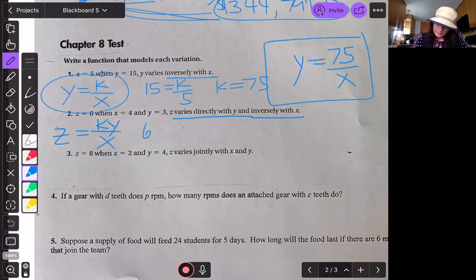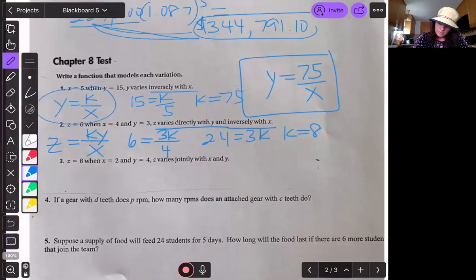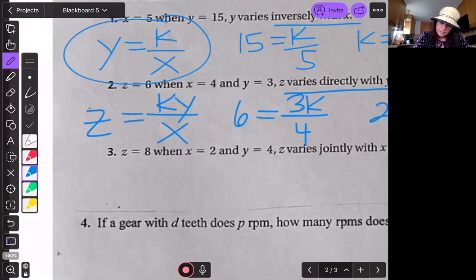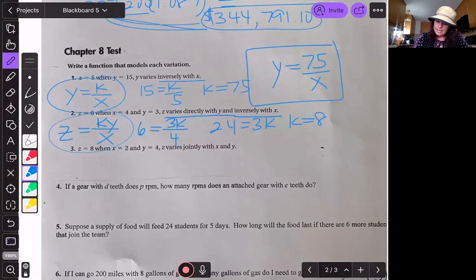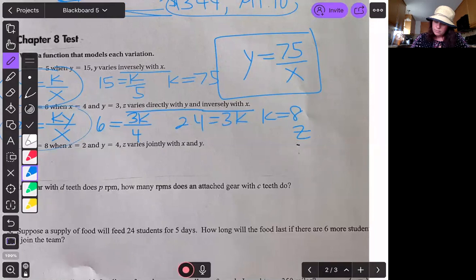We have z is 6, x is 4, y is 3. So we'll multiply by 4: 6 times 4 is 24. Divide by 3, k is 8. Go back to this right here and plug 8 in for k now. So z equals 8y over x.